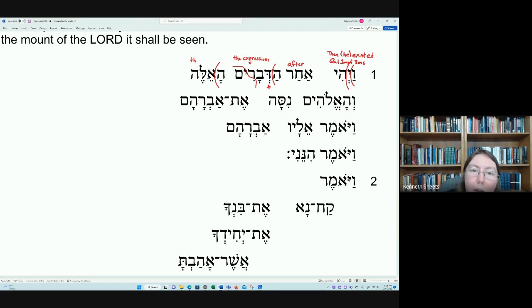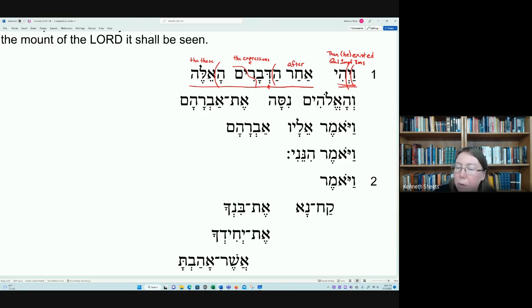So basically what this is saying is that what follows is going to exist after the matters that were described up above. So in actuality, this particular prepositional phrase here is actually the subject of the verb wayihi there.